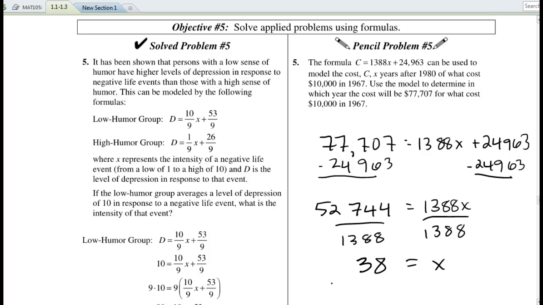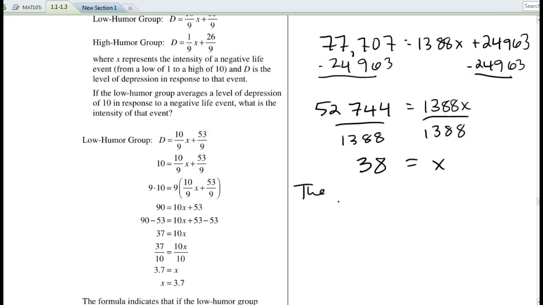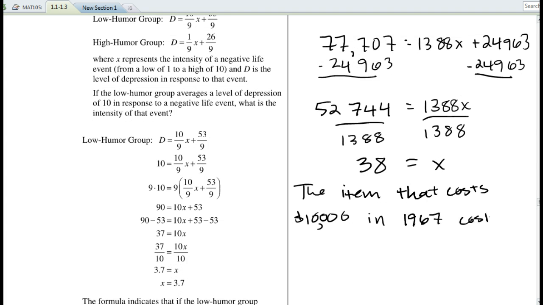Alright, so what does that mean? Well, that means the item that costs $10,000, and I believe it was 1967, costs $77,707 38 years after 1980.